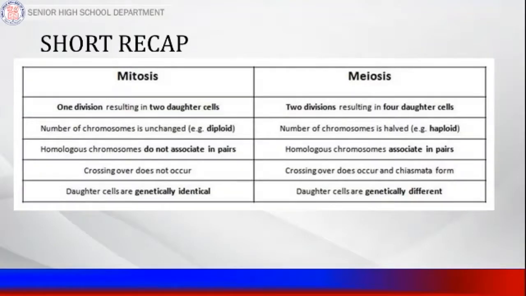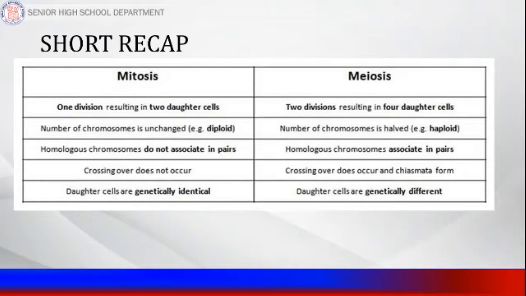So for a short recap, you already know that mitosis is one division resulting in two daughter cells, while in meiosis there will be two divisions, meiosis 1 and meiosis 2, resulting in four daughter cells.